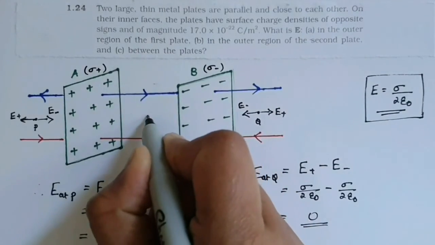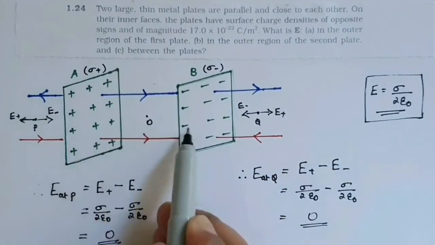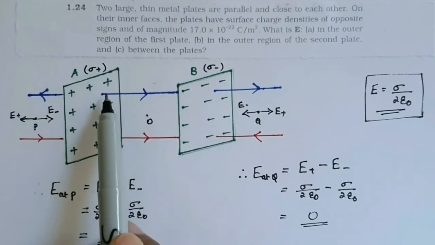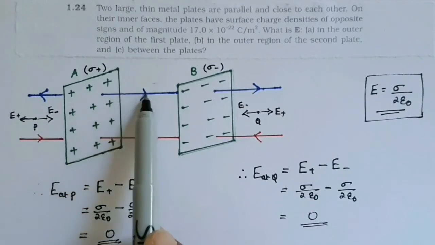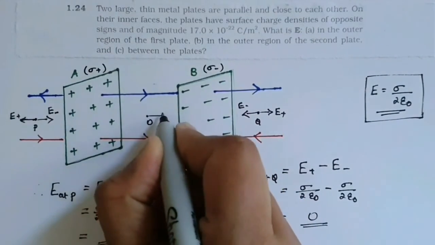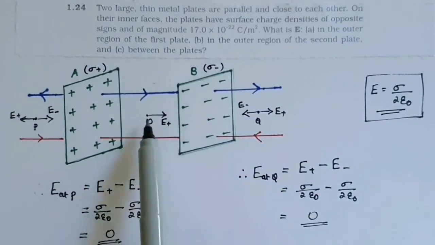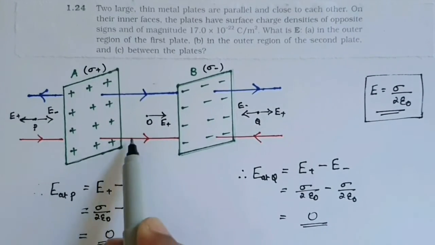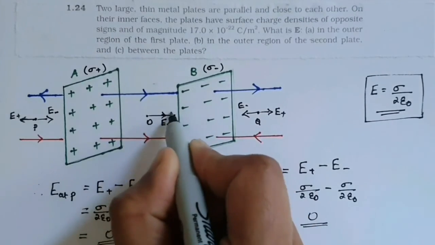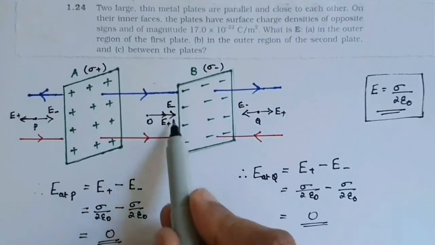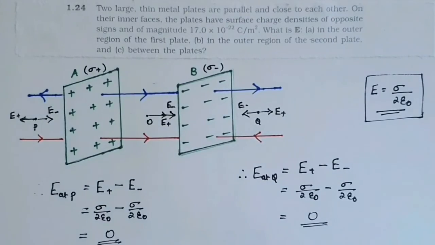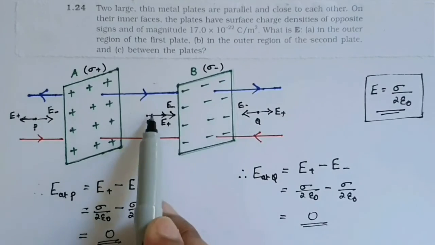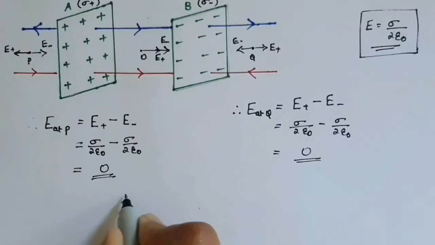Now consider a point O between the plates. The electric field due to a positive charge acts along this direction, that is away from the charge. So E plus is acting along this direction, and the electric field due to a negative charge will also act along this direction, that is towards the charge. So this is the direction of E minus. Both are acting in the same direction.